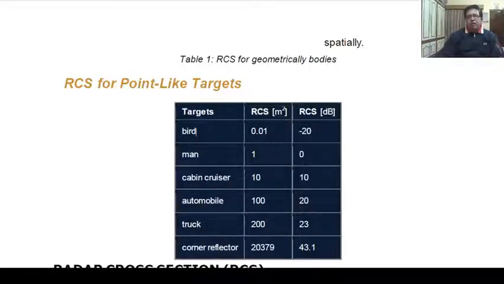And if it is a corner reflector, then it is 20,379 meter squares and 43.1 dB. These are the values for different point-like targets. If these are point-like targets, then what is the value of RCS, radar cross section?